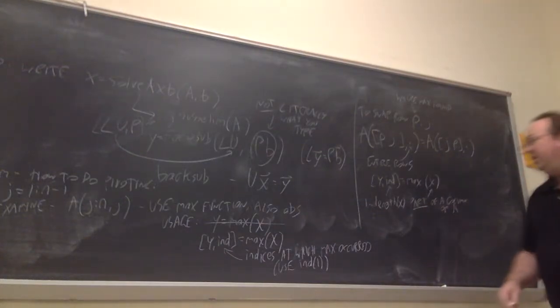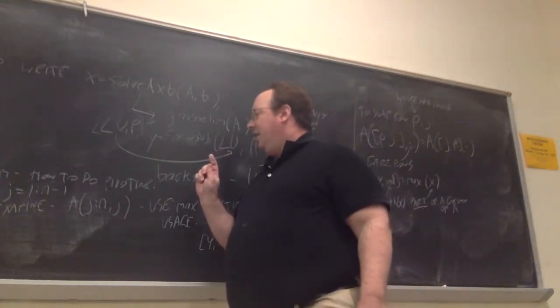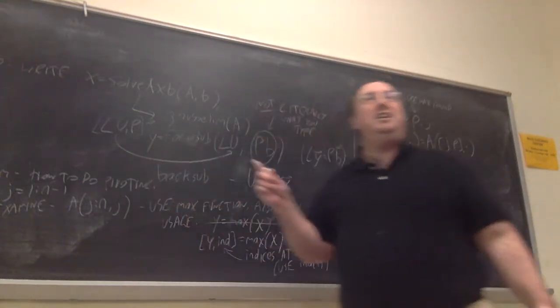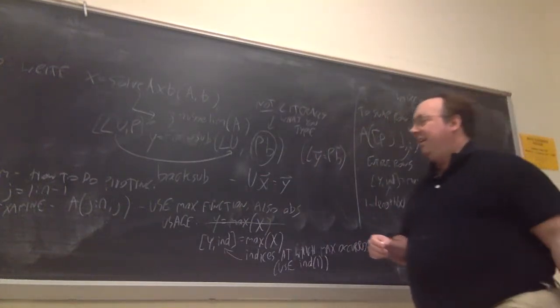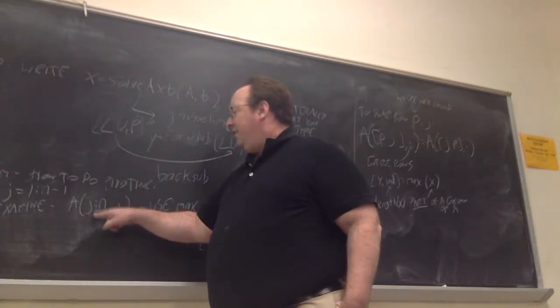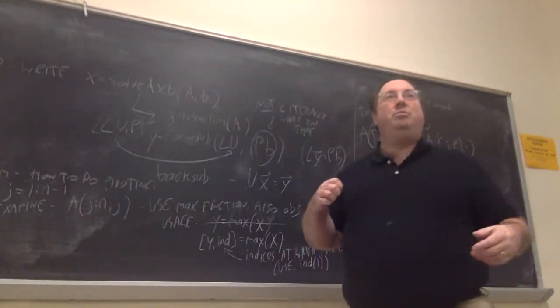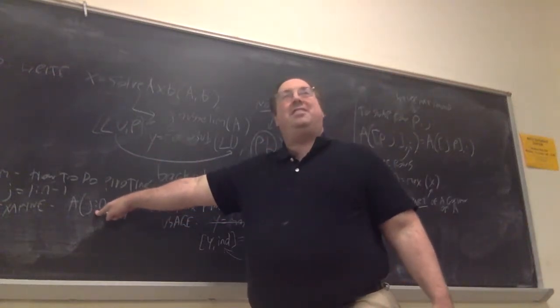Let's suppose that the element in row 9 is the largest. So I want to swap rows 3 and 9. Well, it's in the 9th row of the entire column, but it's only in the 7th row of this, because you're only taking part of a column.